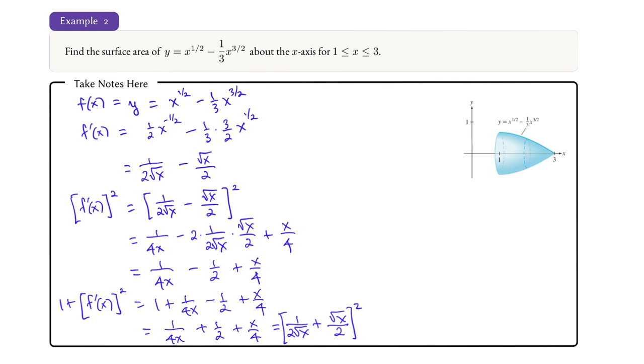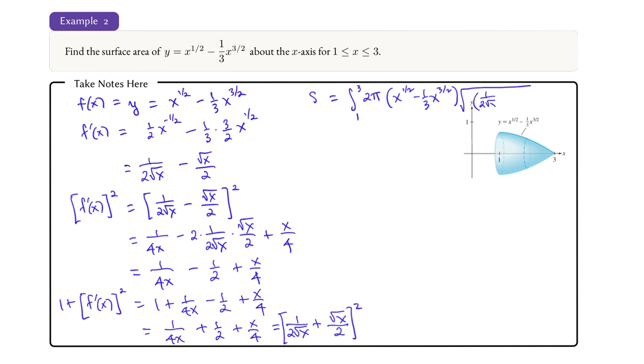Using the formula for the area of the surface of revolution, S equals the integral from a to b, where a is 1, b is 3, 2 pi times the radius of revolution, which is the height of the function, x to the 1/2 minus 1/3 x to the 3/2.